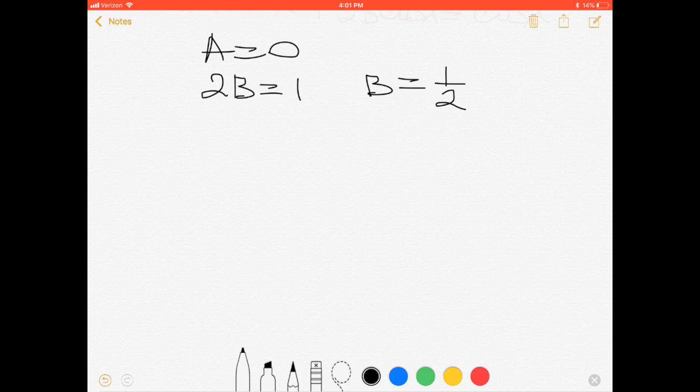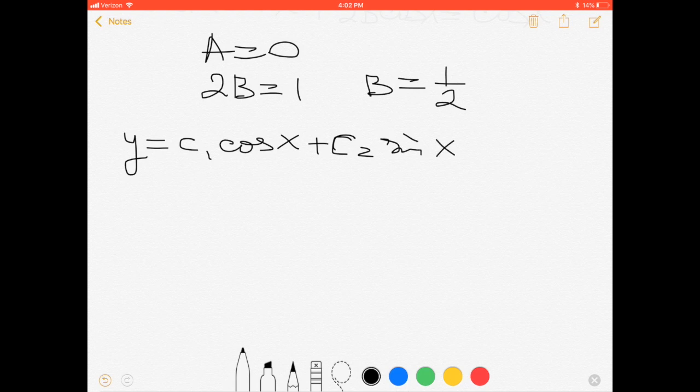And here we have our final general solution. We have y equal c1 cosine x plus c2 sine x plus 1/2 x sine x.